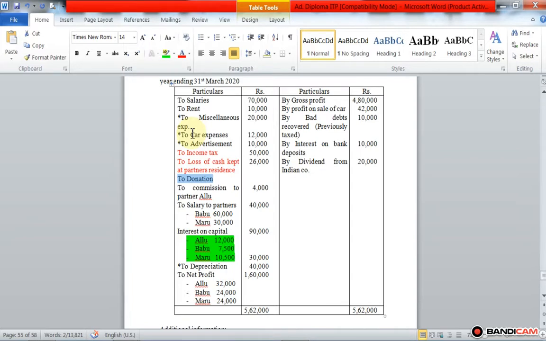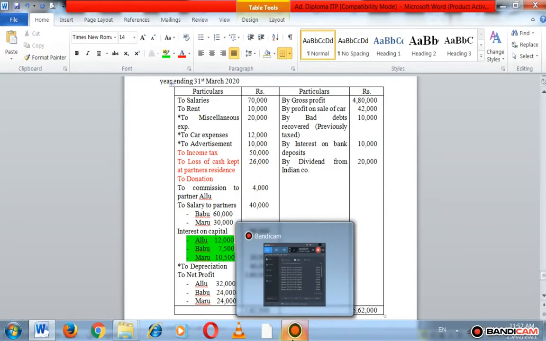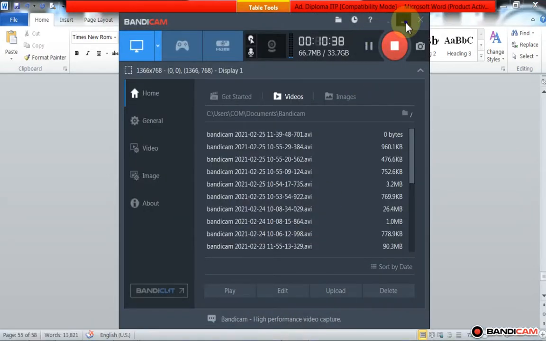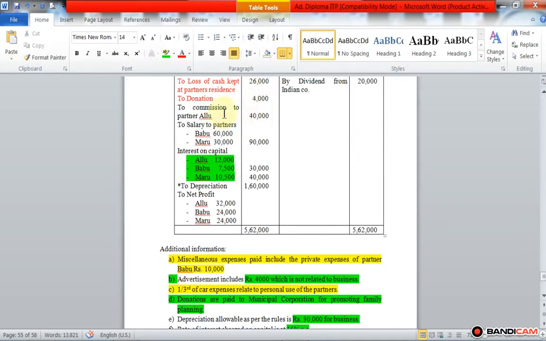The amount of donation is not given here, so we write it. So the amount of donation is rupees 4,000. So all donation is disallowed.